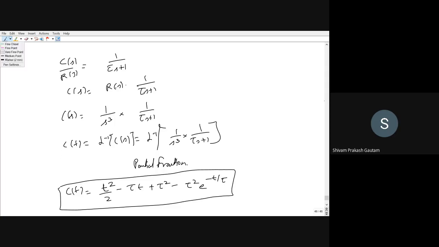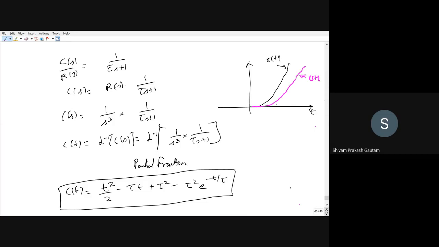If I want to plot it in time domain, I can draw. If this is my input, that is r(t), this is time. If I wanted to draw the response, it will be something like this. This is my c(t), right?